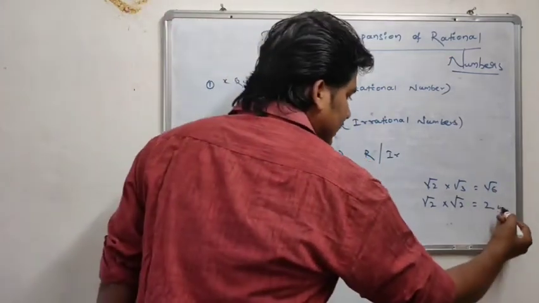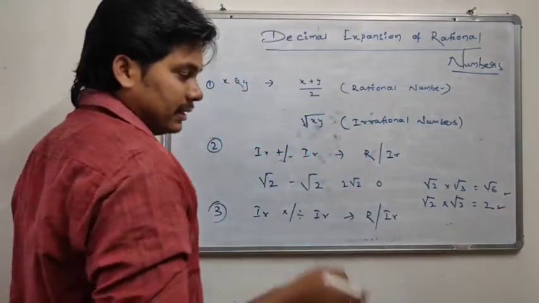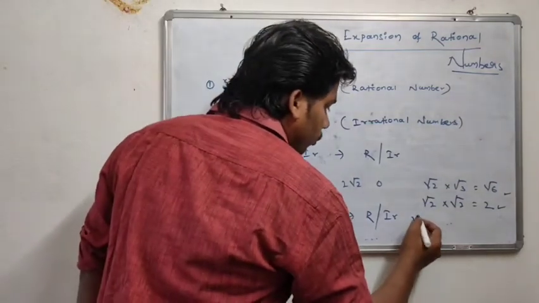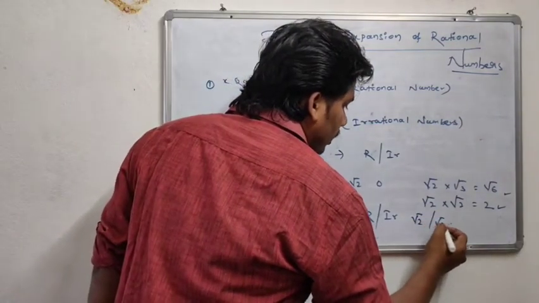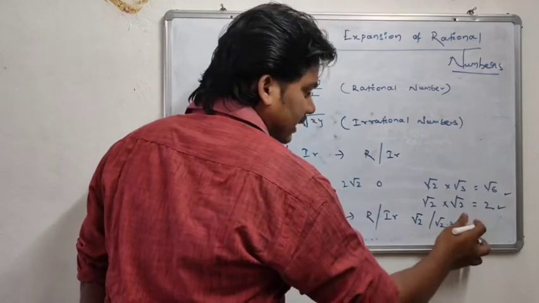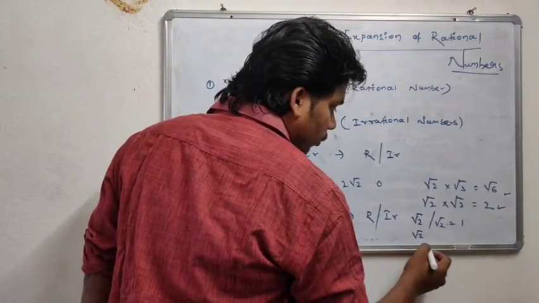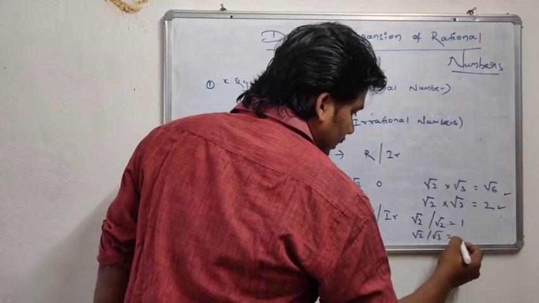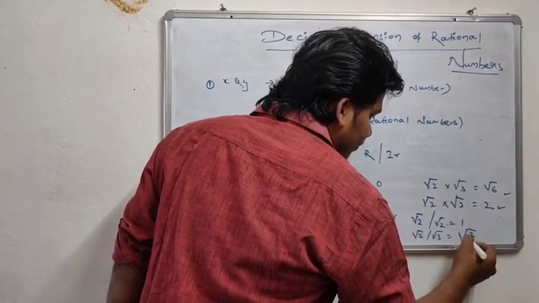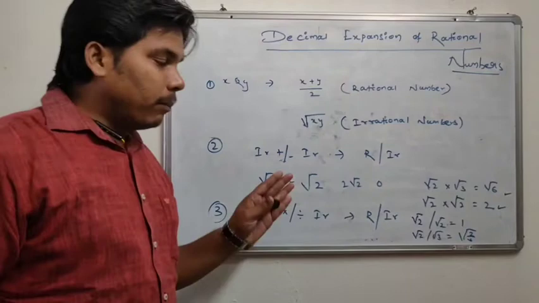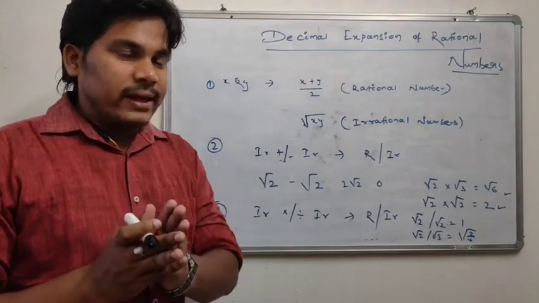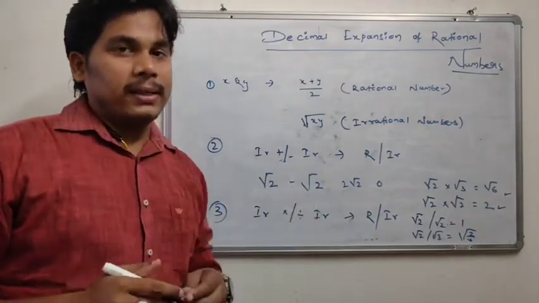In this case, this is rational and this is irrational. In the same way, if I take root 2 and divide with root 2, this is 1, sorry, this is rational. If I take root 2 and divide with root 3, the value is root 2 by root 3, this is irrational. That's why the multiplication value or the division value may be rational, may be irrational.